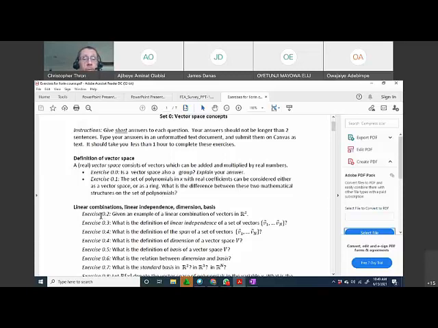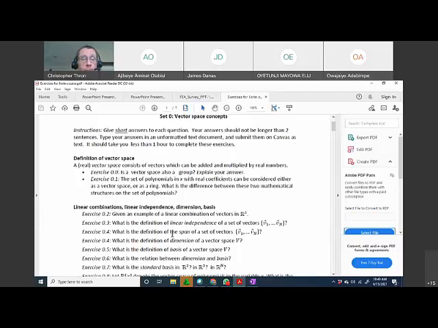Next question. This is to see if you understand some basic ideas about vectors. Give an example of a linear combination of vectors in 2-dimensional space R2. Exercise 3, what's the definition of linear independence of a set of vectors V1 through Vn? Question 4, what's the definition of the span of a set of vectors?